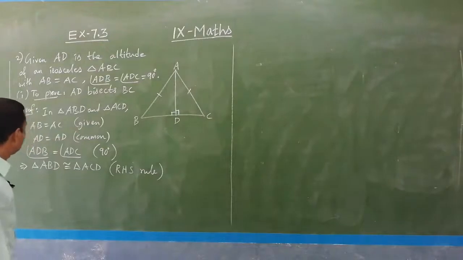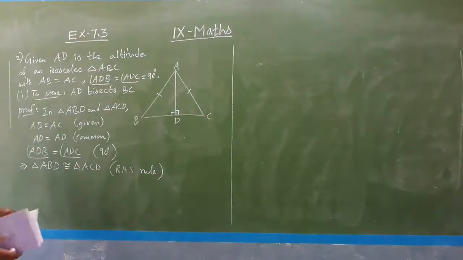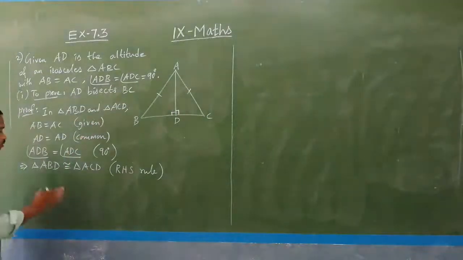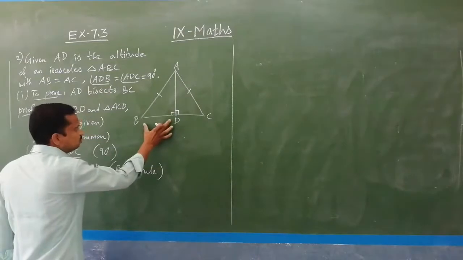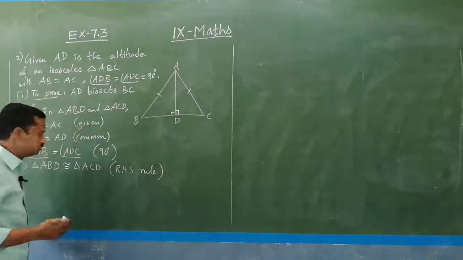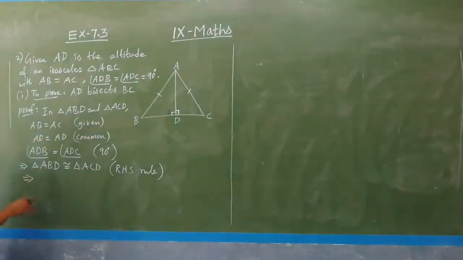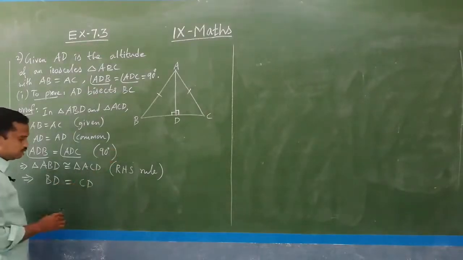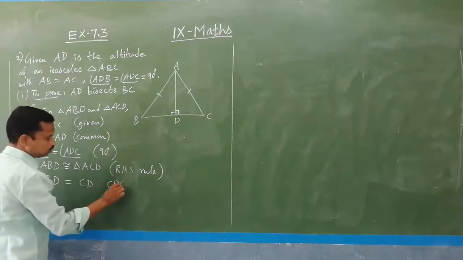So, now option 2. Sorry, we have to say AD bisects BC. After proving these two congruent, we can say BD of this triangle and DC of the other triangle are equal by CPCT. This implies BD of this triangle is equal to CD of the next triangle ACD by which property?